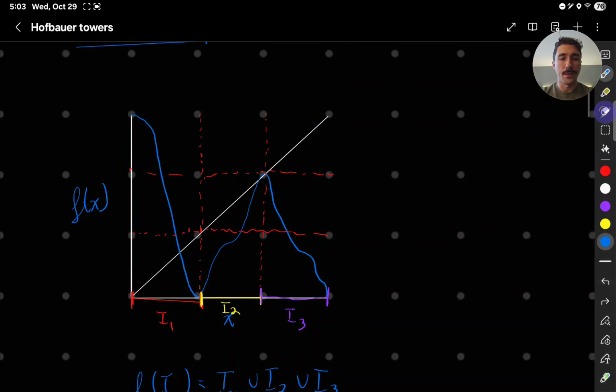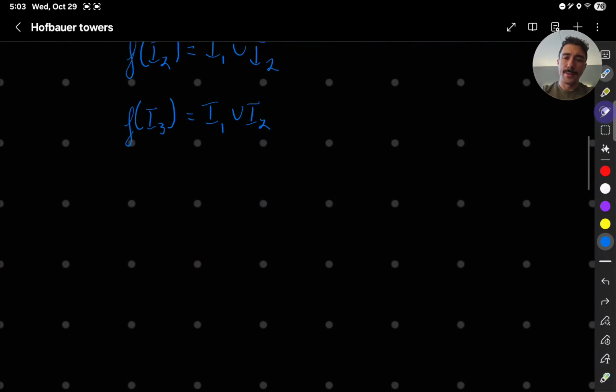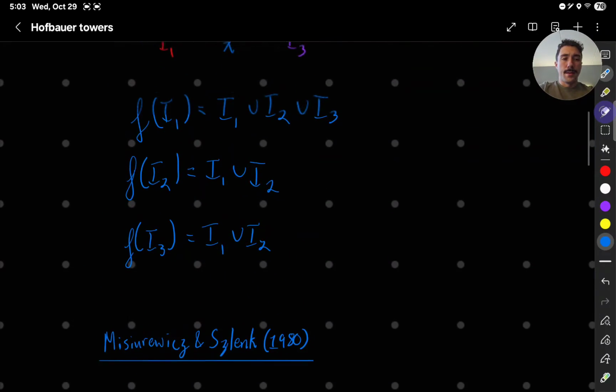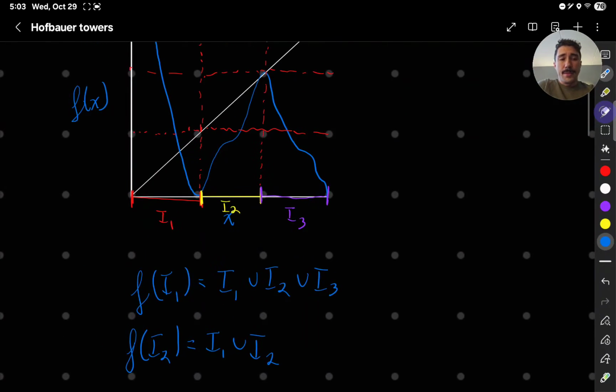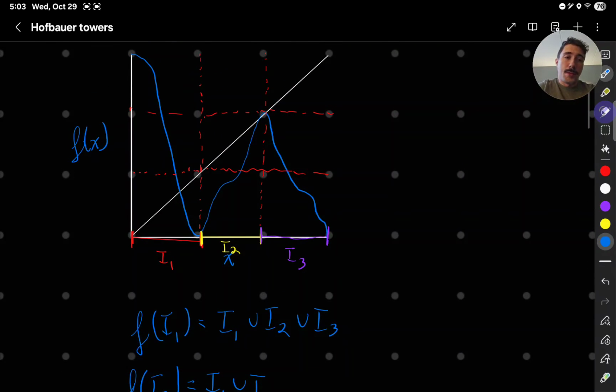Now, in 1980, Gurevich and Schlenk proved the theorem that the dynamics of this map in some deep way are connected to a graph, a digraph.